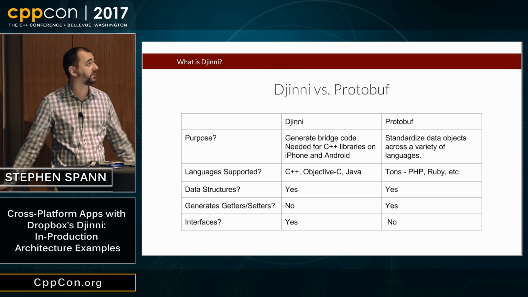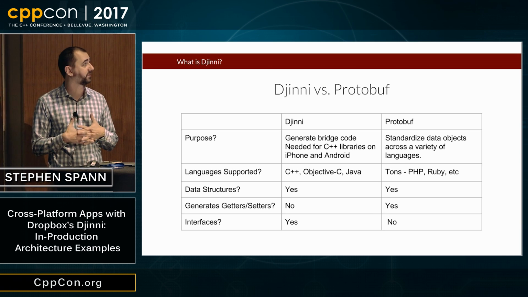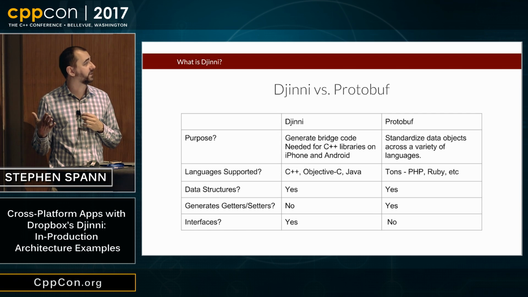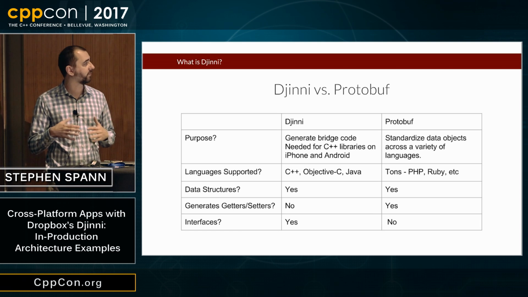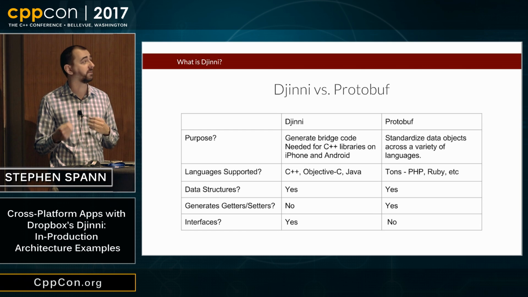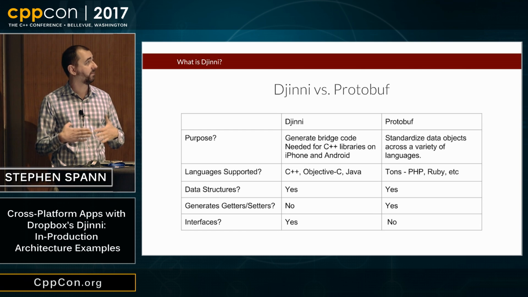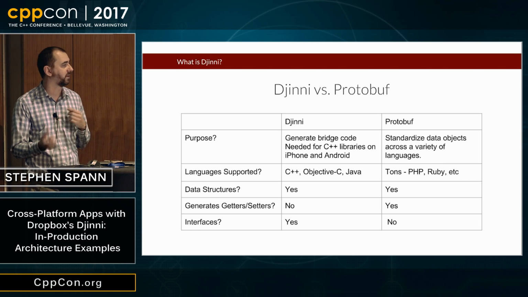Protobuf supports a whole ton of other languages, PHP, Ruby, and it's more focused on the data structures themselves. So they both do data structures. Protobuf actually generates the getters and setters for you, so you get that member feel, but it's not an interface though. So you can't make methods with protobuf. Djinni, that's primarily what we're going to be doing, is calling methods back and forth.